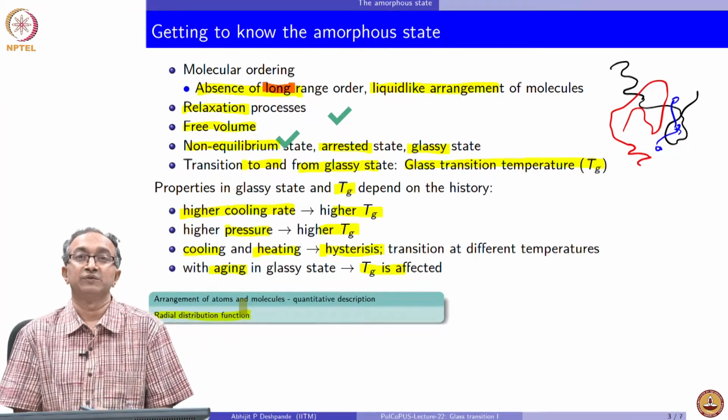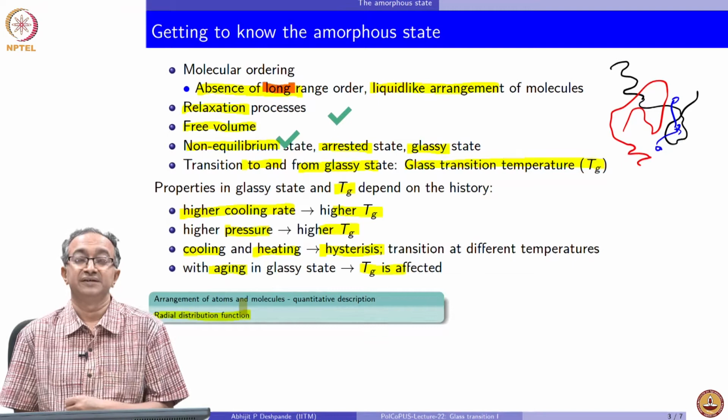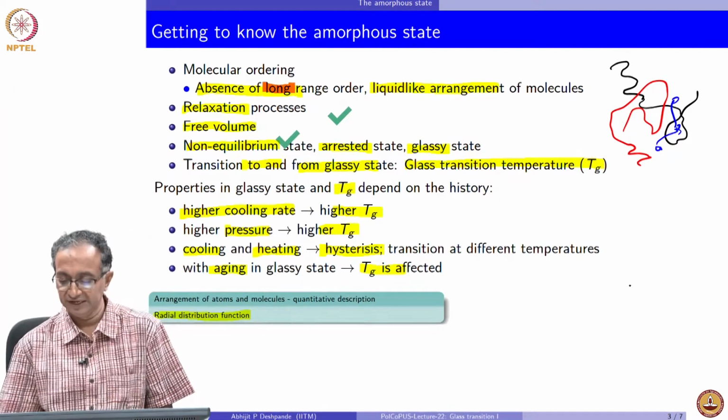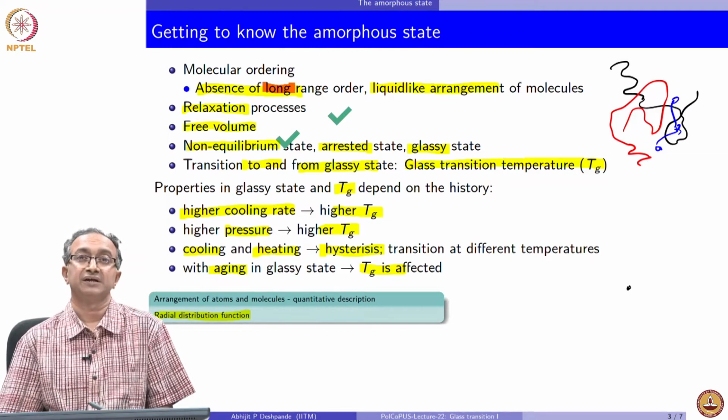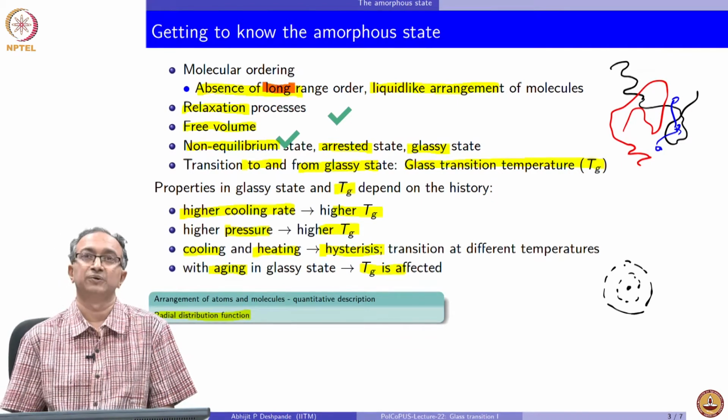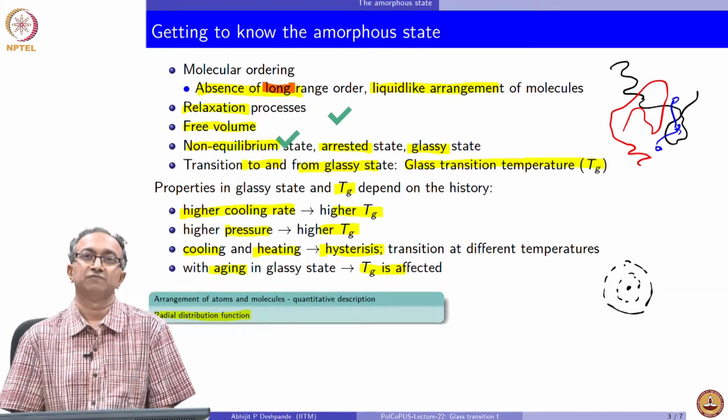So, therefore, one way to capture quantitatively the state of glass is to look at the radial distribution function, and in this case you can read about it more. Basically what we say is we pick one particular atom or molecule, and then we start asking the question that at some distance away from this molecule, what are the other sets of molecules.